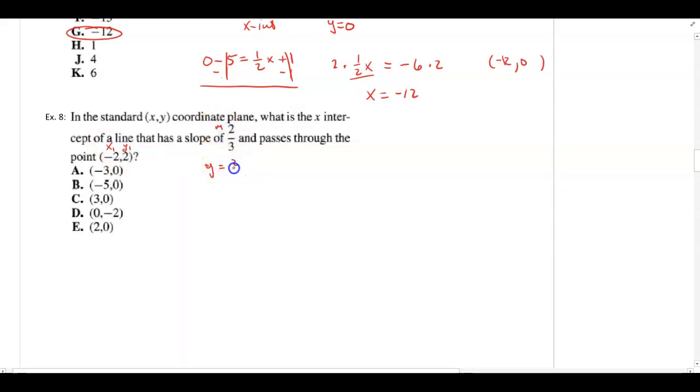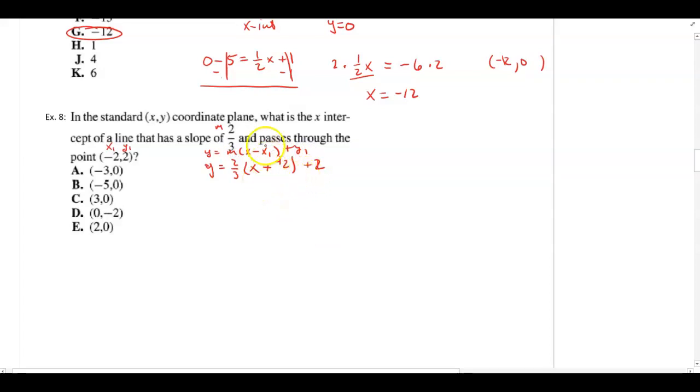So y would equal your slope times x minus the x coordinate, which is negative 2, so make it plus 2, then your y coordinate is plus 2. Remember, point slope form is m times x minus x1 plus your y1.